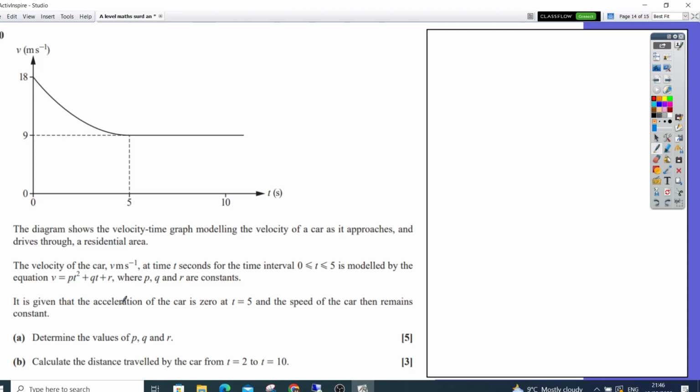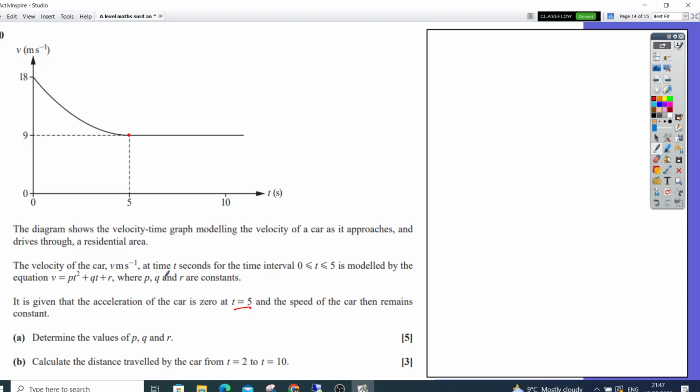It is given that the acceleration of the car is 0 when t equals 5. Well, you know it's 0 because now it's at constant velocity, and constant velocity means 0 acceleration, and the speed of the car remains constant. Okay, so determine the values of p, q, and r.